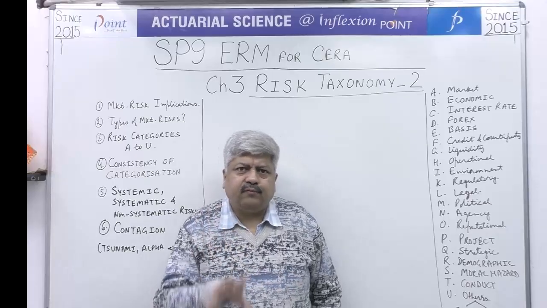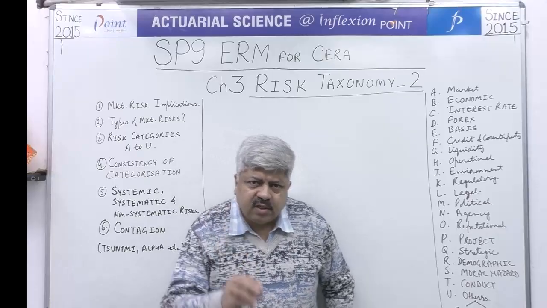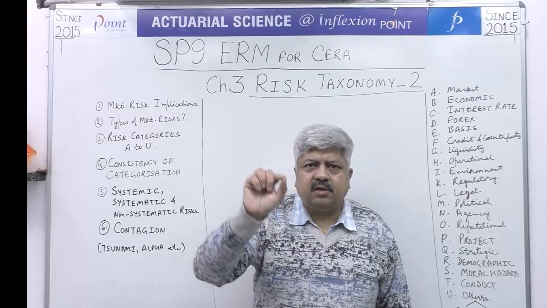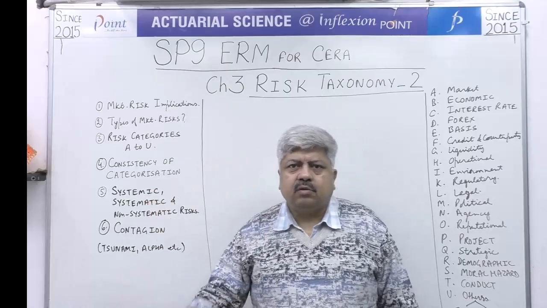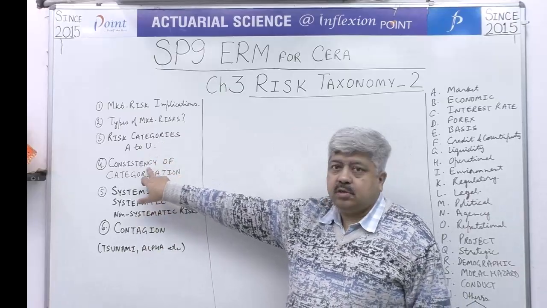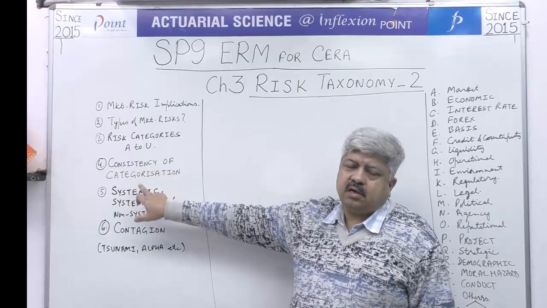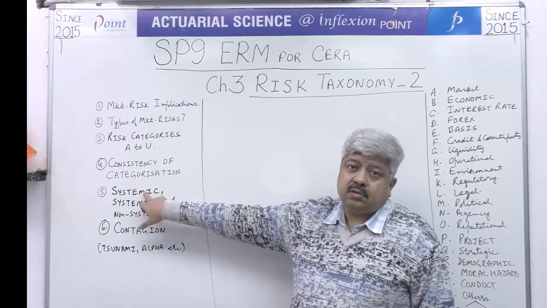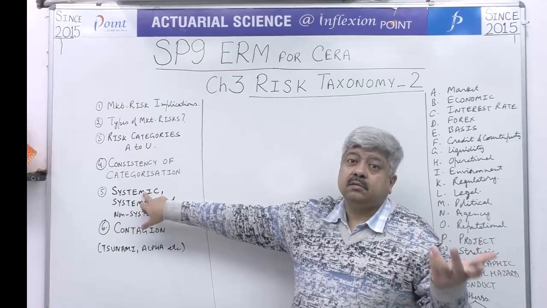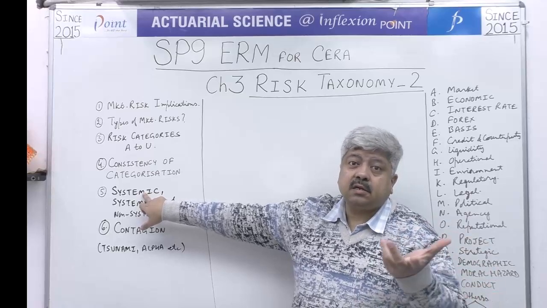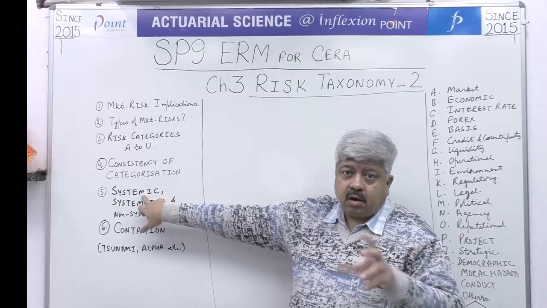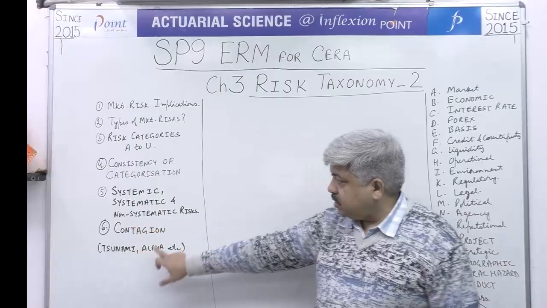The moment you focus on risk taxonomy, you have to first think of a criteria. What is your categorization criteria? So categorization criteria may be origin. Categorization criteria may be consequence, effect, or some other. Nature of the risk. Controllable, uncontrollable. We have another classification.